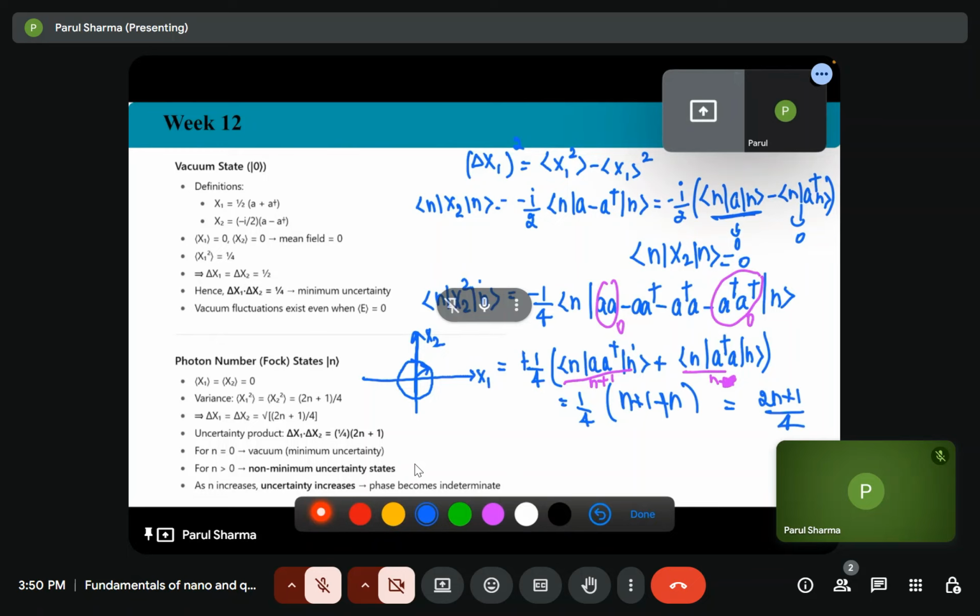So now delta x2 is equal to the square root of 2n plus 1 by 2, which is also equal to delta x1.